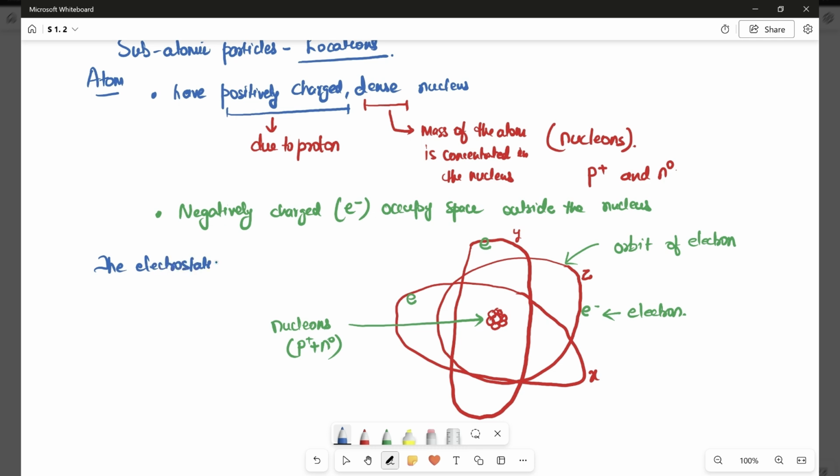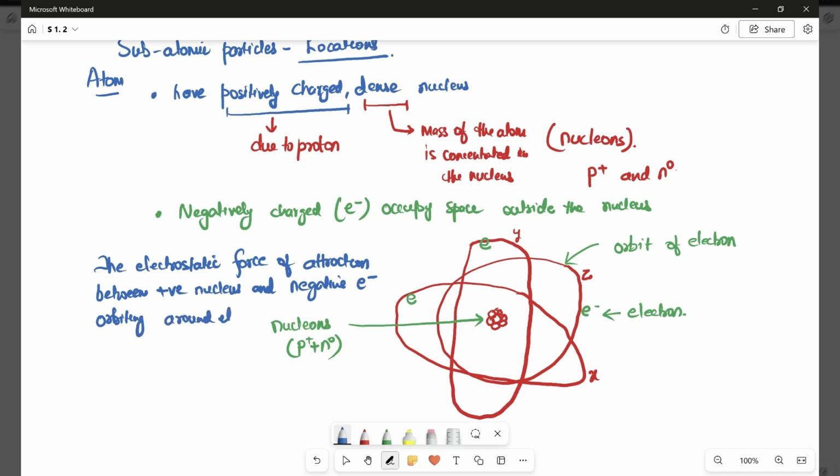So we can say the electrostatic force of attraction between the positive nucleus and the negative electron orbiting around it is what holds an atom together, right? So, in this way, the particles are held by the force of attraction, right?